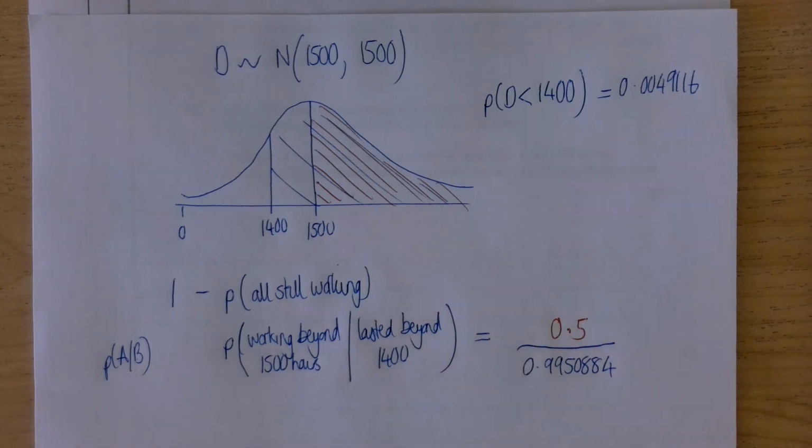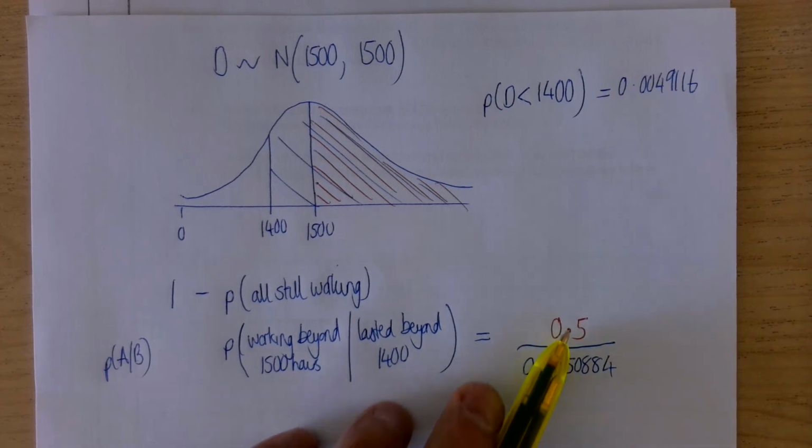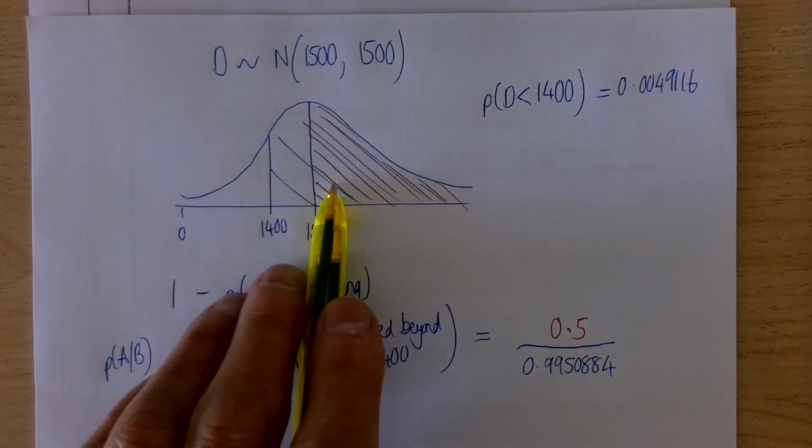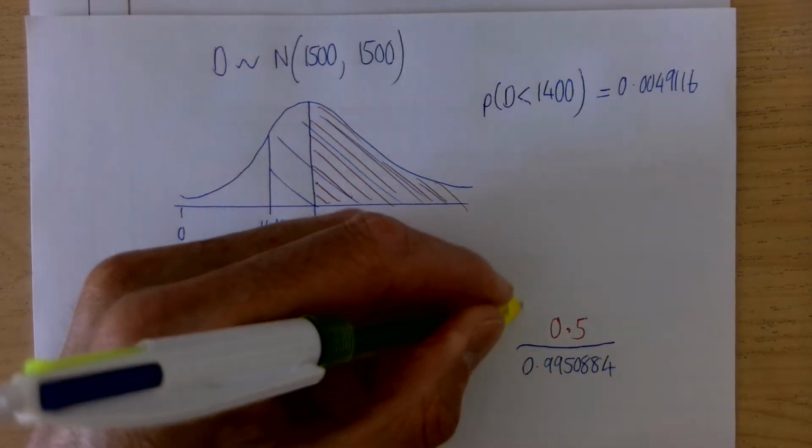So for one pump, the probability that it keeps going beyond 1500 hours, given that it already had lasted 1400 hours, is that. Denominator, numerator. Now that's for one pump. So what about 5 pumps? Well, if I want them all to be working, that's the first one still working, the second one still working, the third one still working, the fourth one still working, the fifth one still working, that is the probability of one thing multiplied by another, multiplied by another. So it's that to the power of 5.